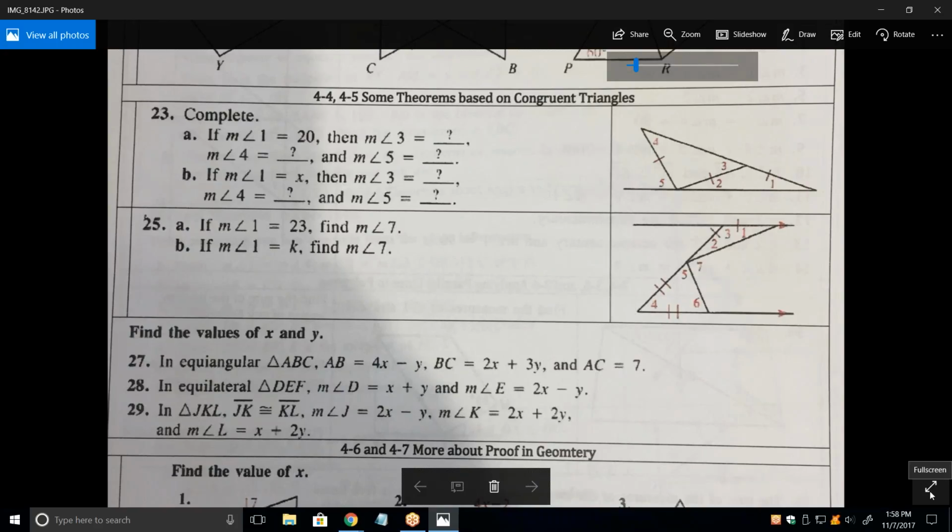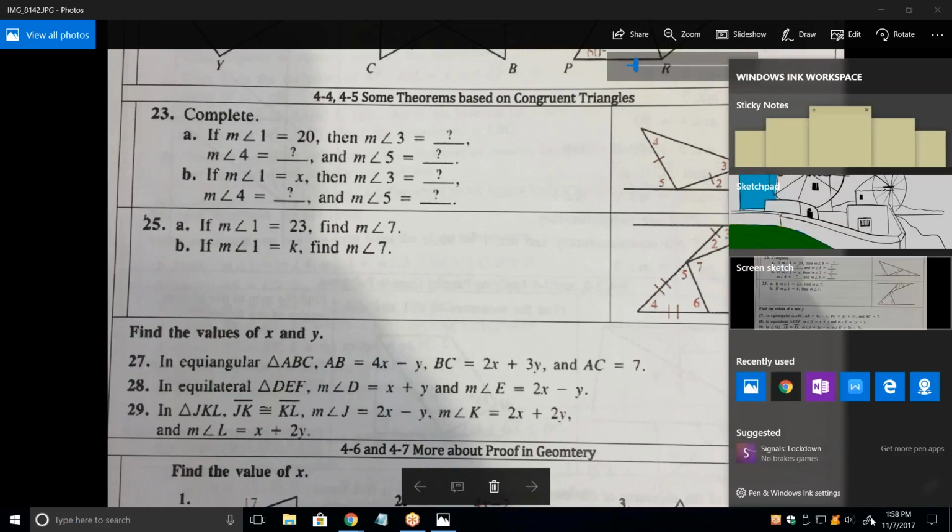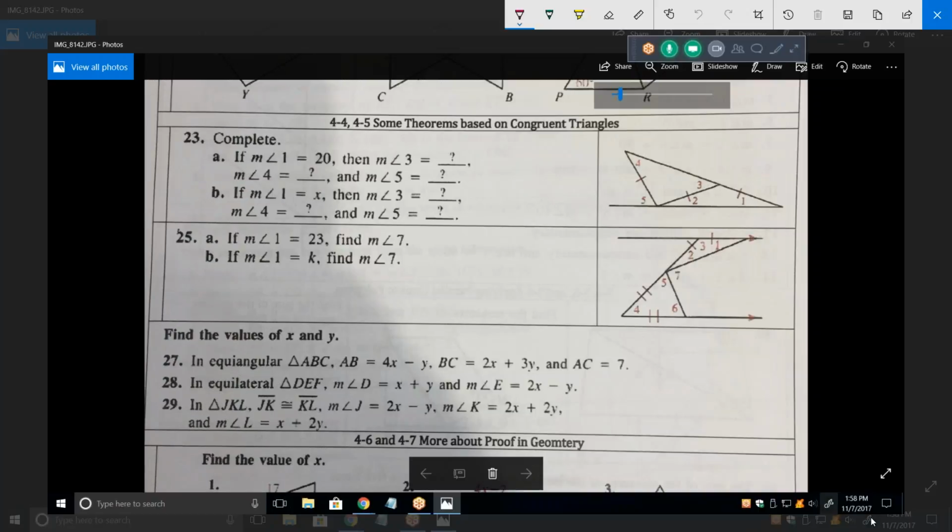Angle 1 is 20 degrees. Angle 2 is 20 degrees too. What's angle 3?